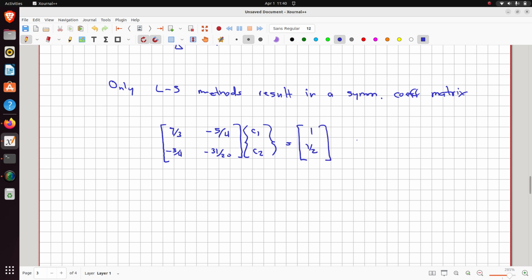So obviously this is not symmetric. Why do I care? Why do I care if it's symmetric or not?